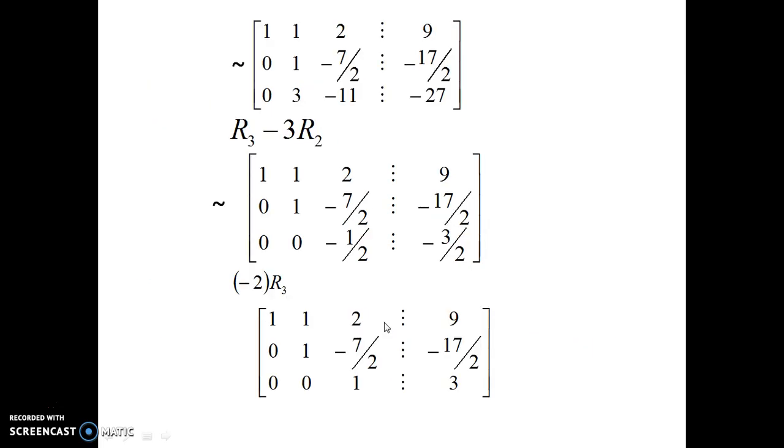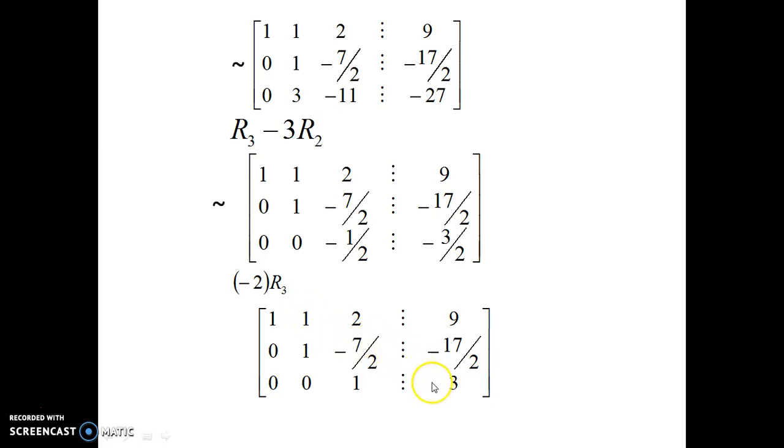Therefore, now we have to find the rank of A, meaning only the rank of the coefficient matrix. And the rank, we know the definition of rank, is the total number of non-zero rows, and here there are 3 non-zero rows. Therefore the rank of A is 3. And the same thing we have to find for the whole matrix, the rank of AB.